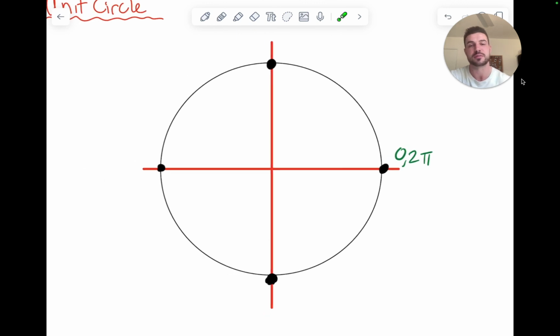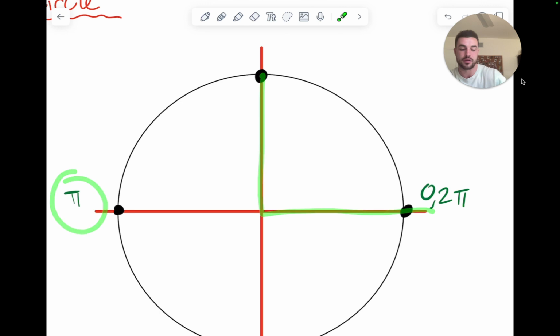And so that gives us some information on some other angle measurements. Half of that would be an angle that opens in a straight line, and that is going to be 180 degrees or pi radians. And then half of that is going to be 90 degrees or pi over 2.